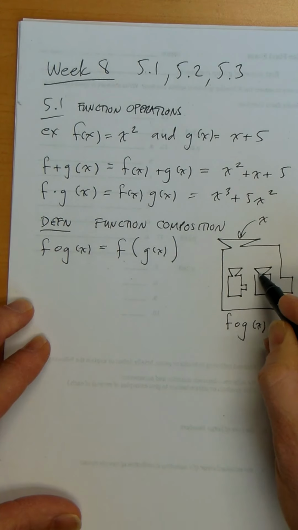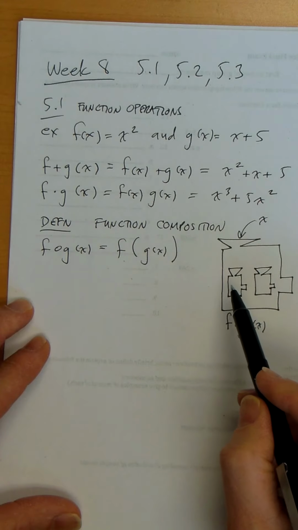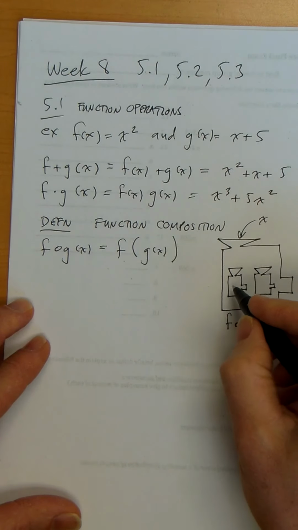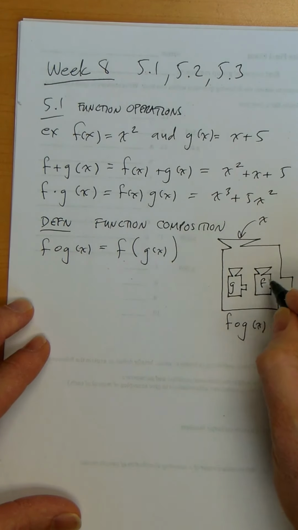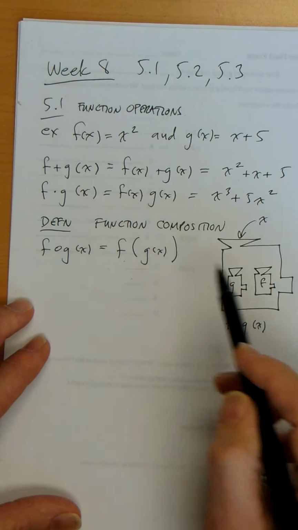But it's a little bit counterintuitive. F composed with g of x is not f followed by g, it's g followed by f. You actually do the inside or second function first.